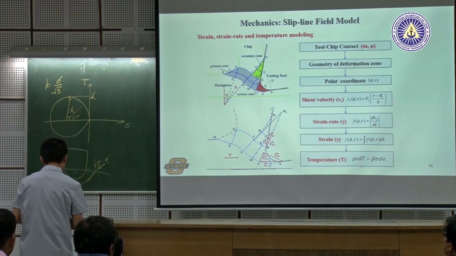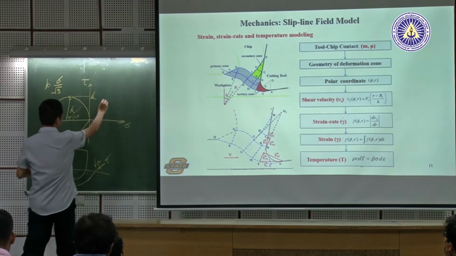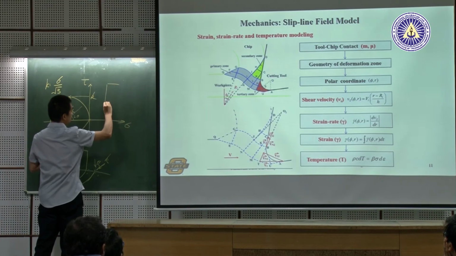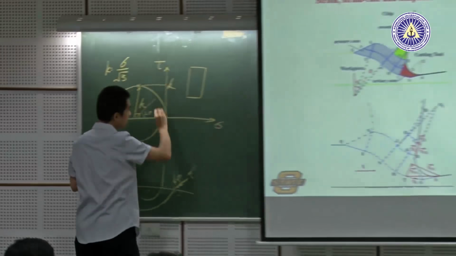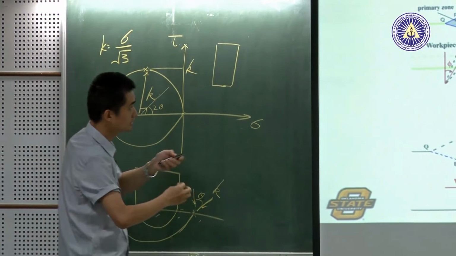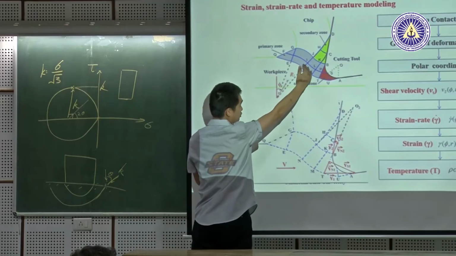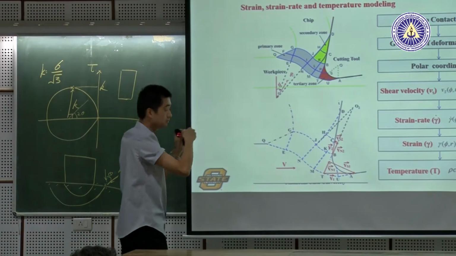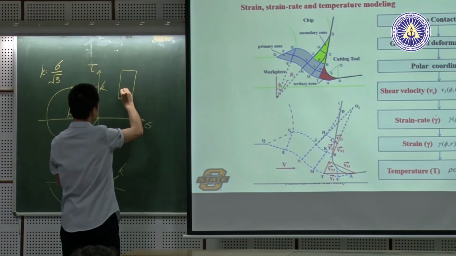How do we define the strain? Here is an original material. If a shear is applied, let's say this small rectangle inside here, then because of the shear it deforms like this.